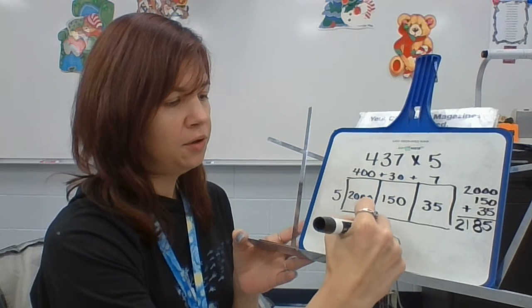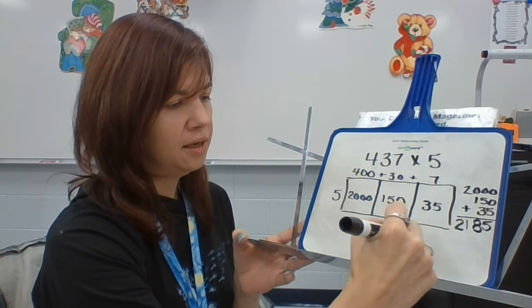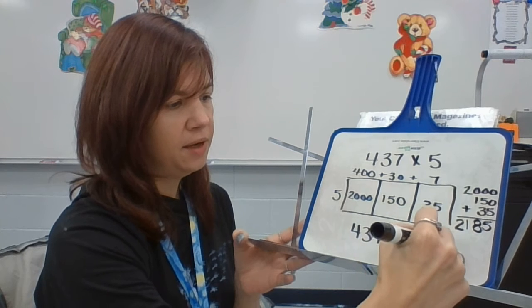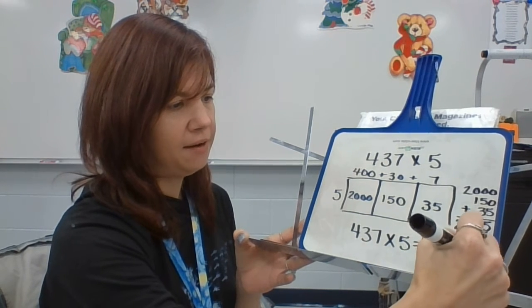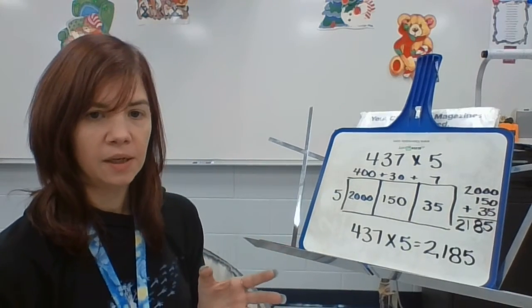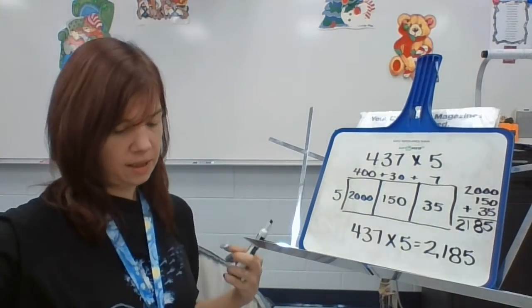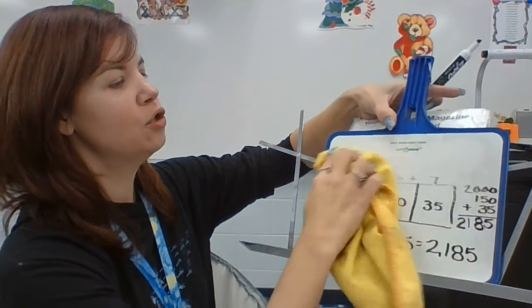So 437 times 5 gives me 2,185. I'm going to do one more with you, and then number 4 is going to be yours to try on your own.